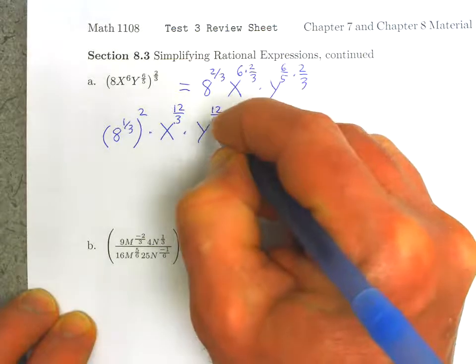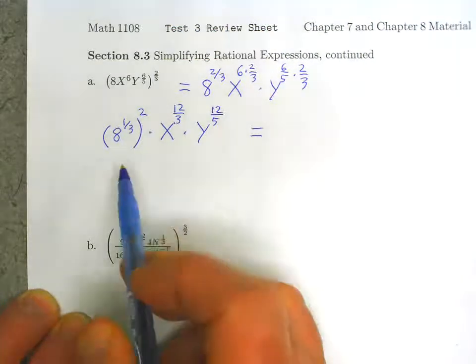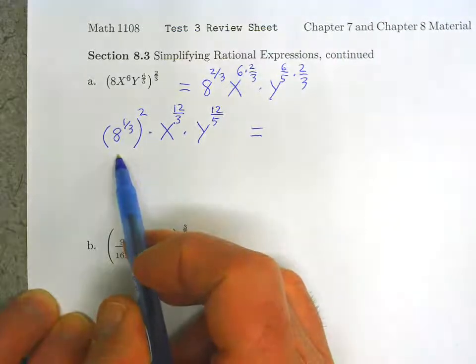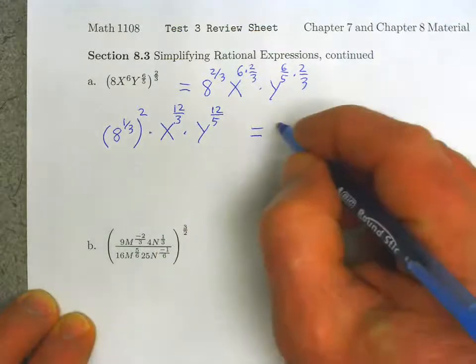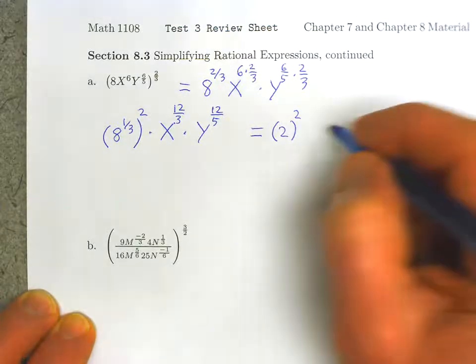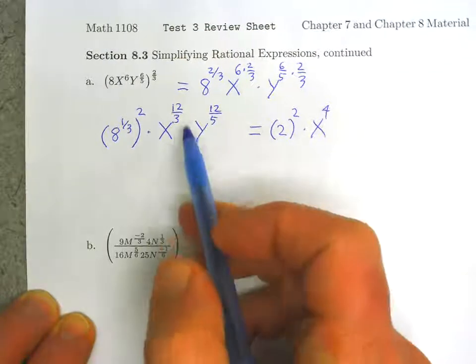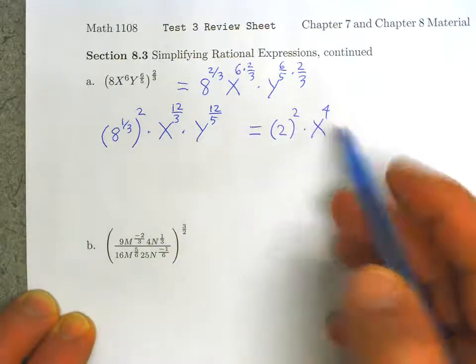And we'll simplify that in the next step. And then over here on the left, 8 to the 1/3, the cubed root of 8 is 2. And then we're going to raise that to the exponent 2. And then x to the 4th, because 12 divided by 3 is 4.